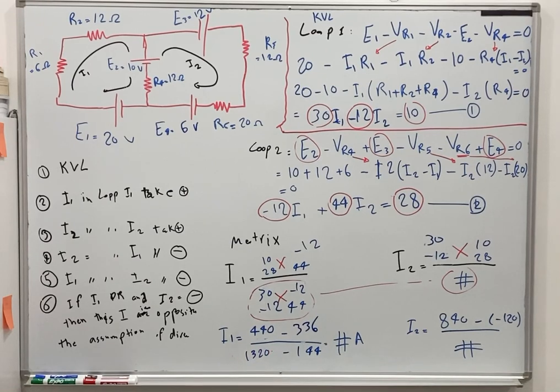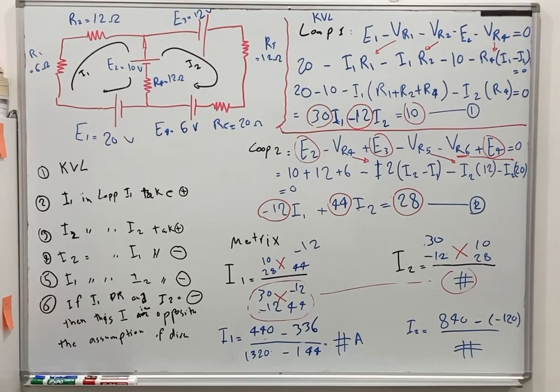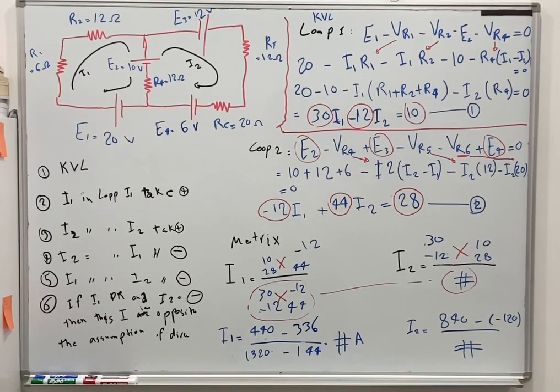We got this one, 1320, minus, then minus 12 multiplied by minus 12, it will be 144. So this minus is there not because of the multiplication between the two here, but because of the matrices. If you want to understand matrices more, there are a lot of examples on YouTube.